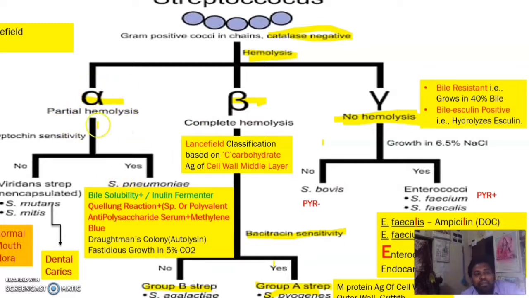Now alpha hemolytic streptococci are divided by optochin sensitivity. If it is optochin sensitive, then it is Streptococcus pneumoniae, called pneumococci. It is a lanceolate-shaped streptococcus, which causes upper respiratory tract infection very much.